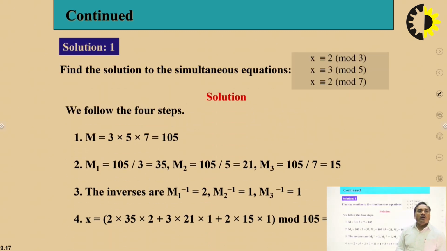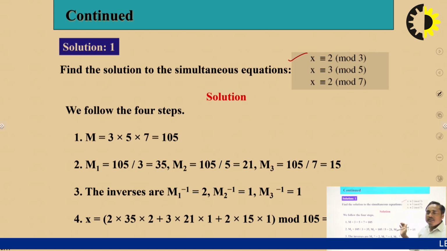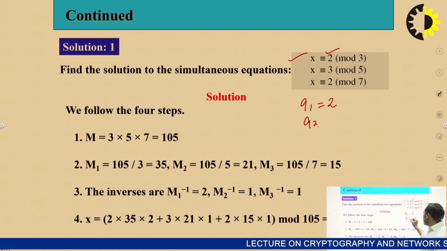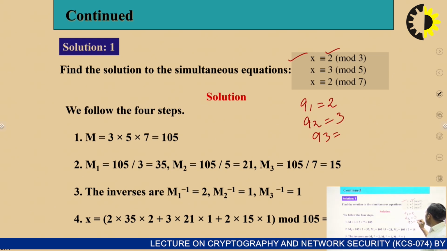Now I am going to solve the numerical section first. The numerical section very clearly explains the values of a1, a2, a3, m1, m2, m3. So this is the equation. By using this equation, you can calculate the values of a1, a2, a3, m1, m2 and m3. A1 equals 2, a2 equals 3 and a3 equals 2.